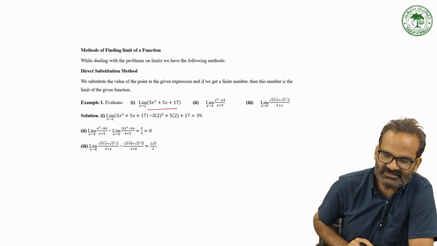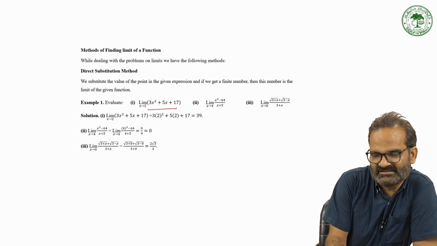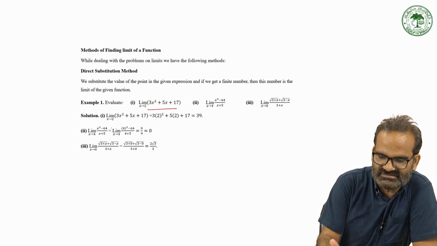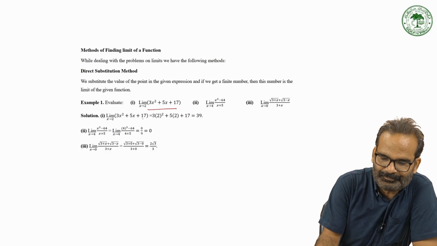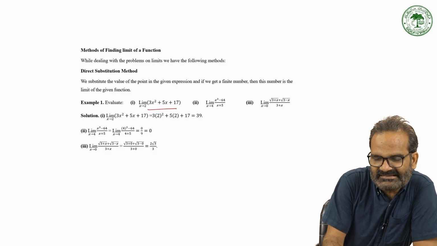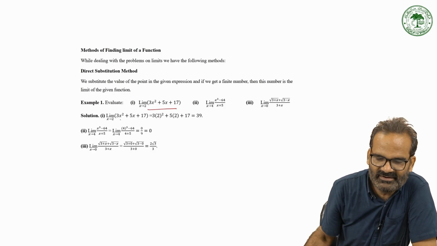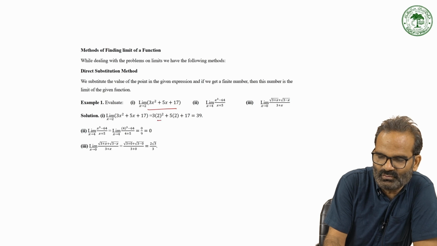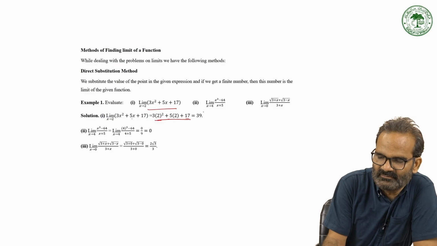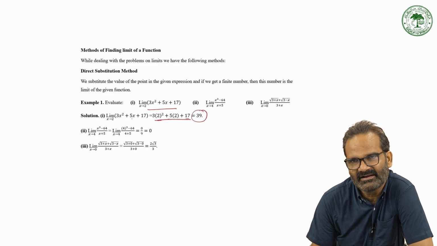So in the direct substitution method, look at this example. X tends to 2, 3x square plus 5x plus 17. Now replace x by 2 simply. 3 will remain as it is. This is x square, so square of 2. So 3 into 2 square, plus 5 will remain as it is, and in place of x put 2, so 5 into 2, plus 17. Simplify it: 17 plus 10 plus 4 into 3, 12. Add up all these things and you will get 39.